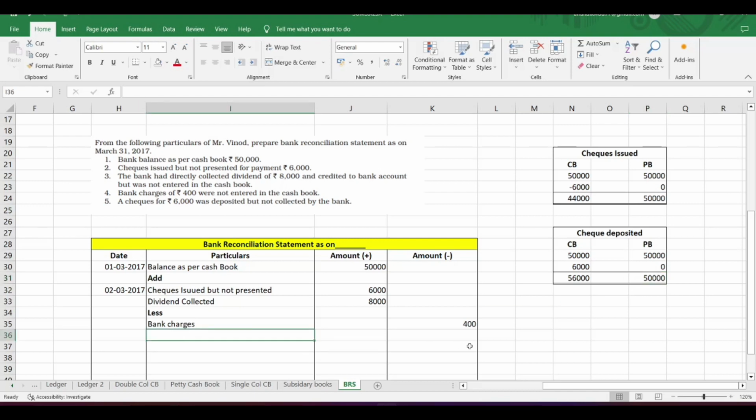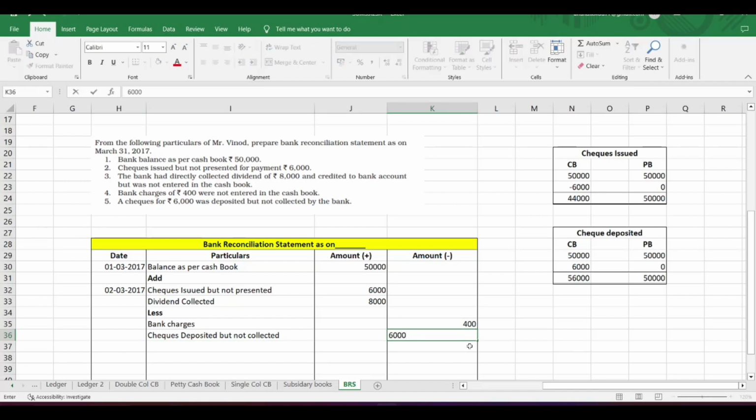So less check deposited but not collected, that is 6,000 rupees.